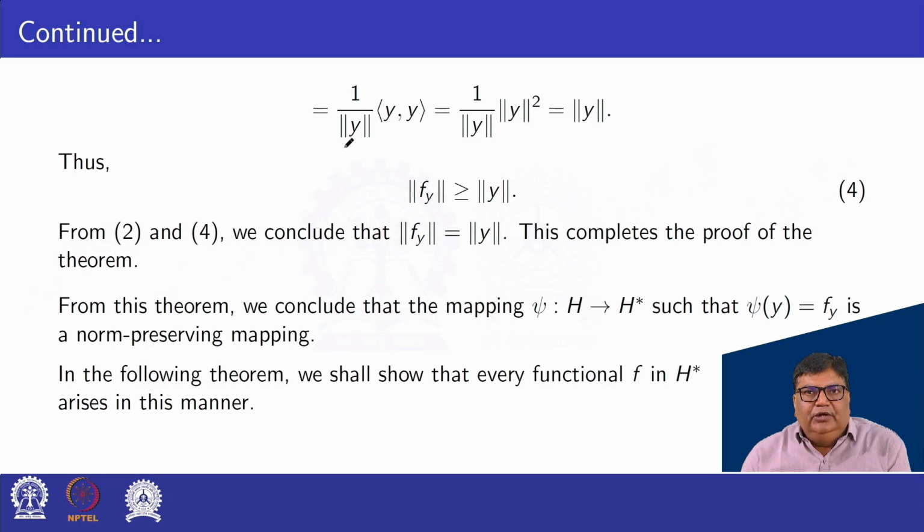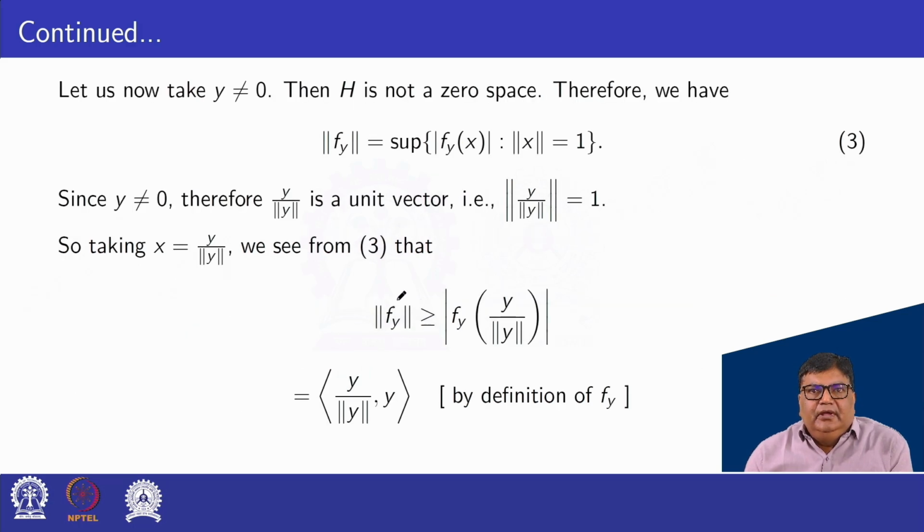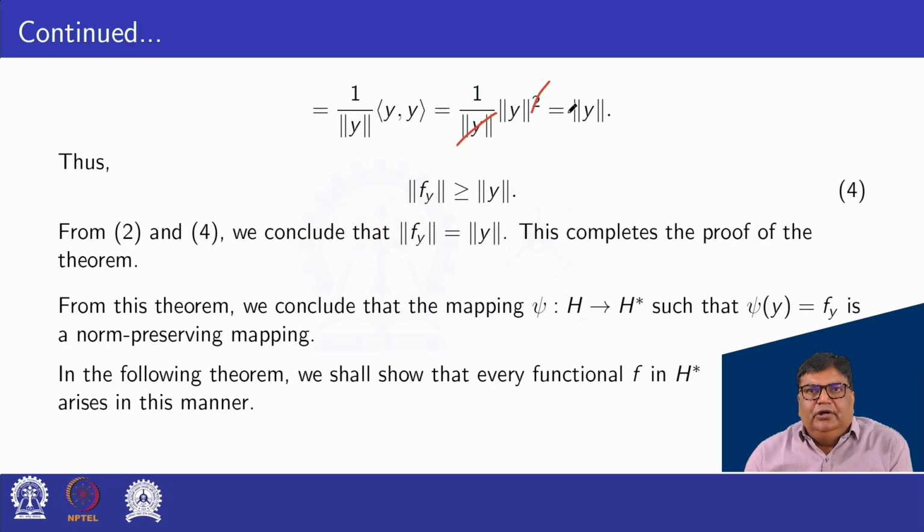That is 1 upon norm of y into norm of y square. So one norm of y cancels out. So we have norm of y. Hence, norm of f of y is greater or equal to norm of y.